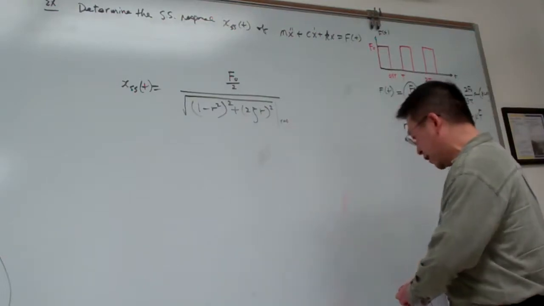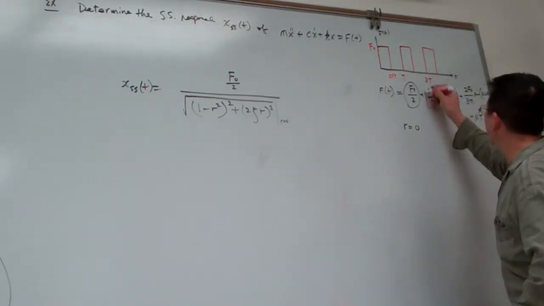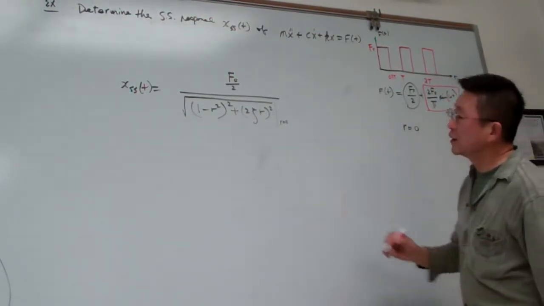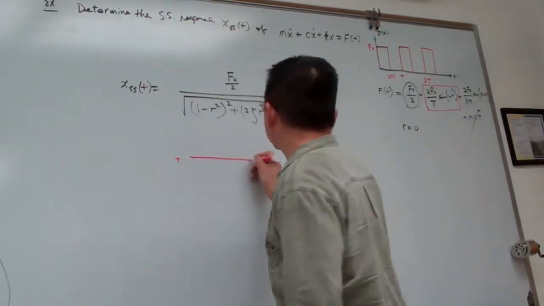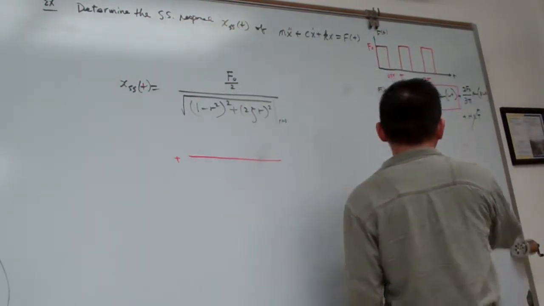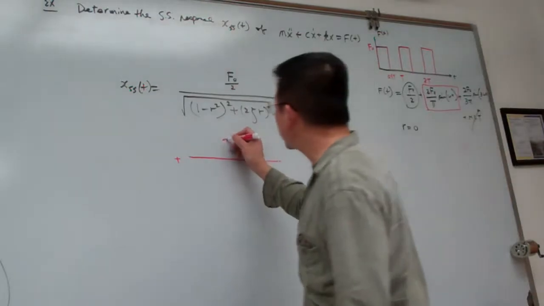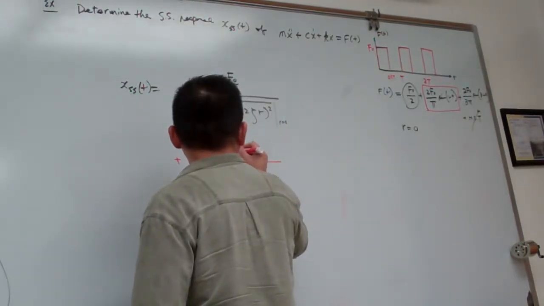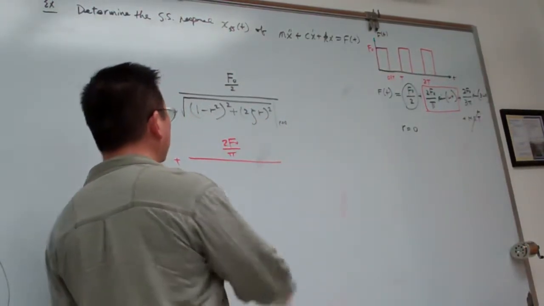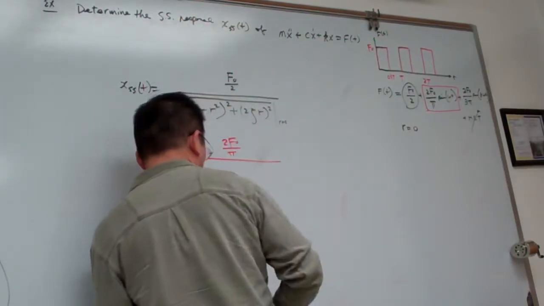And then corresponding to the second term, I'm using a different color, plus the second term. For the second term, the magnitude of the excitation is 2F0 divided by pi. Oh, sorry, I forgot one term.